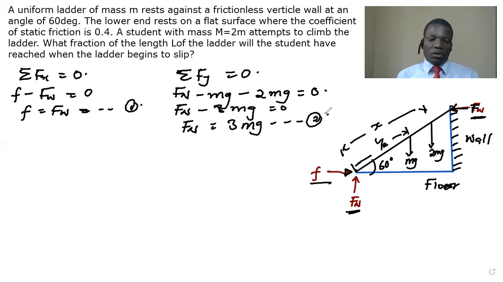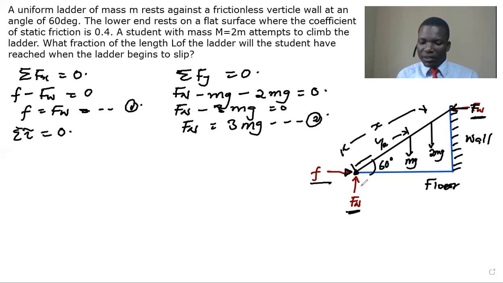Now we are done with the forces, and we have to look at the torque. The summation of torque should also be equal to 0. We pick this end to be our pivot point, meaning the forces acting at this point will contribute 0 torque.